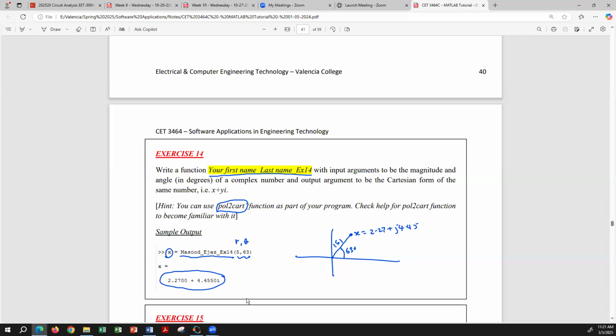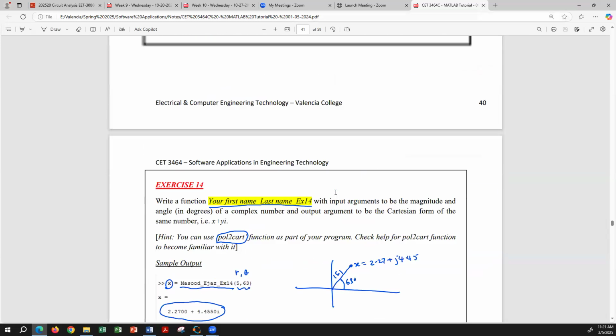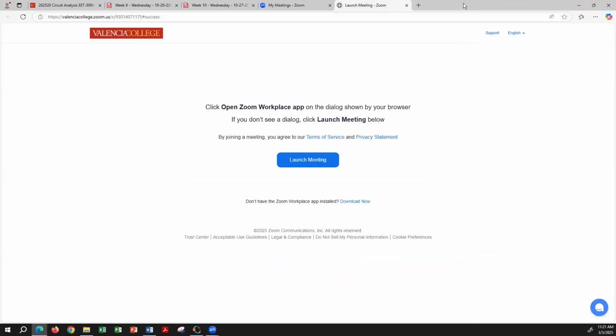So in this exercise, you are giving r and theta as your input, and it is converting it into a rectangular form, because again, in MATLAB, you have to use rectangular form. So that's exercise 14 that you created. So keep that exercise with you. It's going to be very helpful. I didn't know I saved it with all my annotation. I usually don't do that. I'll fix it. I have the Word file, so.